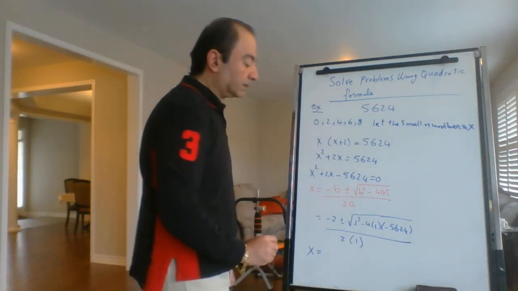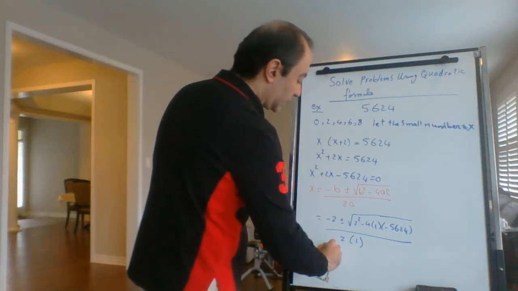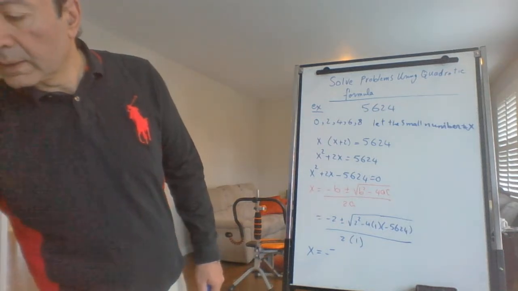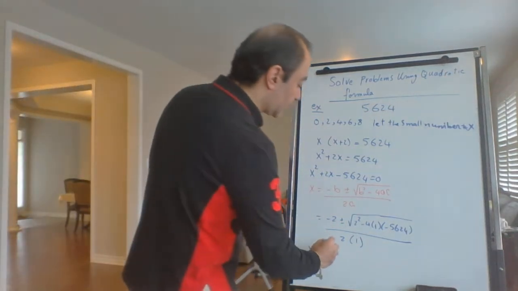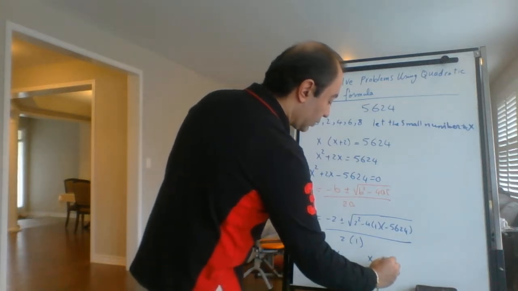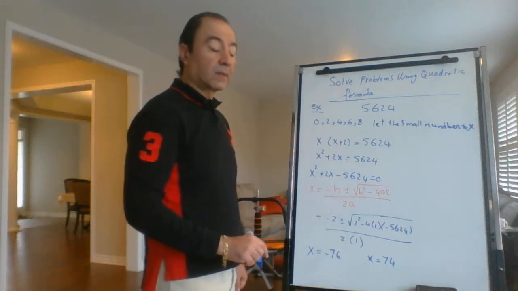x equals negative 76, and x equals 74, because when we take the plus and the minus, we get these two values.